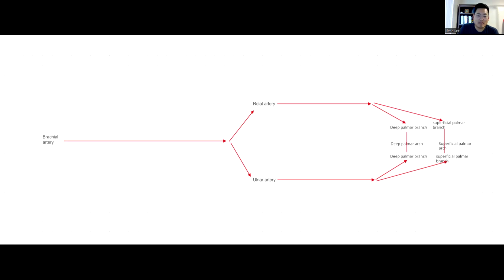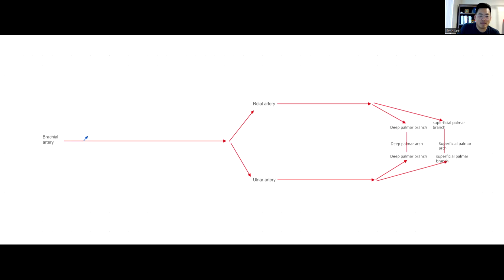Let's take a look at some anastomoses. So the anastomoses, there are actually a few more arteries that come off. Oh my God, I made a typo. This is supposed to be radial. But let's go ahead and add to this. So the brachial artery has a pretty significant branch that goes deeper into the arm.